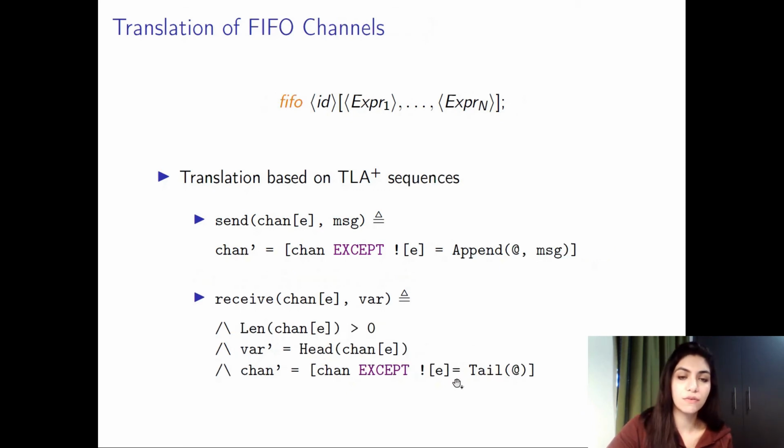As for FIFO channels, they are declared using the keyword FIFO, as we have seen in our example, and they are based on TLA+ sequences because we want to maintain the order between the messages within the channel itself. Once an operator is translated into TLA+, it will be using the TLA+ sequence operators such as append, head, and tail.